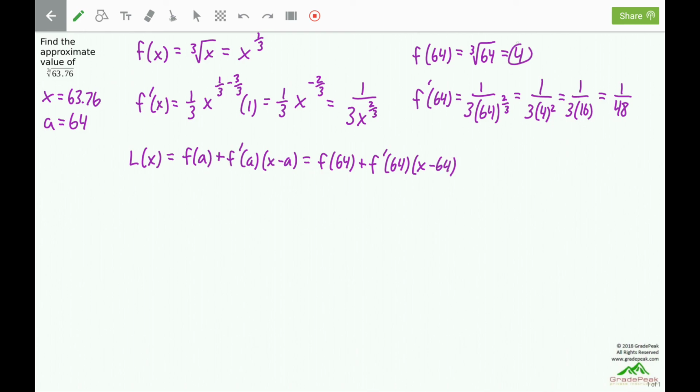We have values for f of 64 and f prime of 64 up here. They can be put into place so that the linear approximation will equal f of 64, which is a 4, plus f prime of 64, which is 1 over 48, times x minus 64.